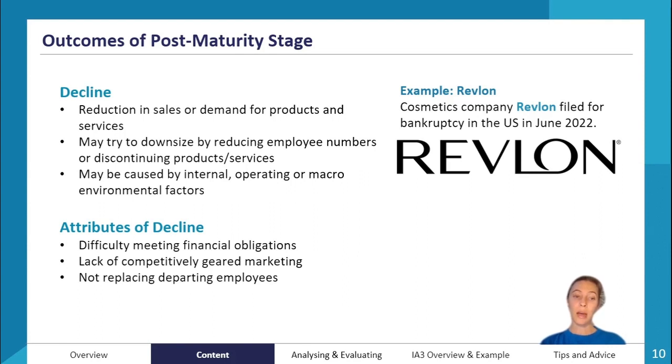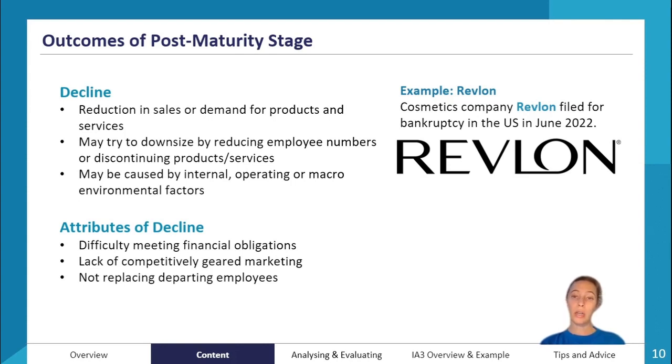And that idea of not replacing departing employees can happen in the steady state and it can also happen in decline. They're not going to probably look at so much marketing. If they're in decline, they are going to be looking at potentially exit strategies, depending on how bad the decline is. So let's have a look at an example or two.